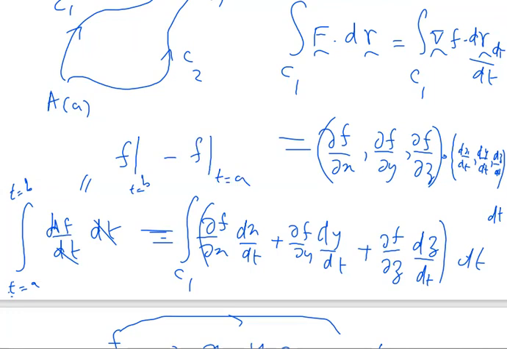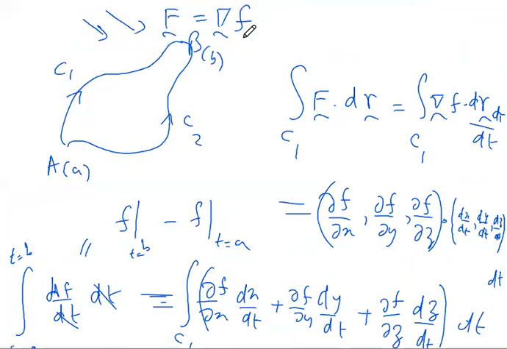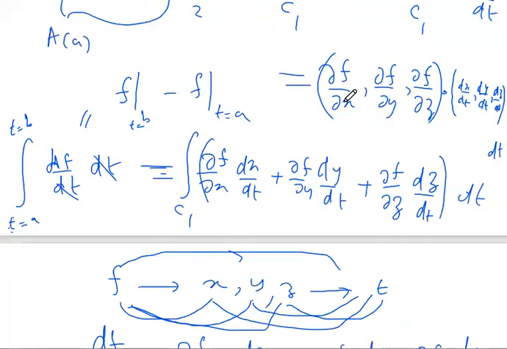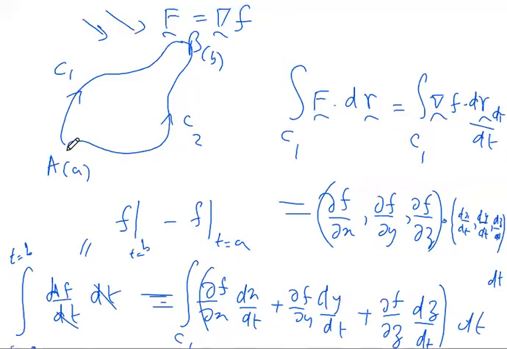So if your field is conservative, when you move a particle from A to B, the work done on that particle under this conservative field along this curve does not depend on the path. It depends on the starting point and the ending point.